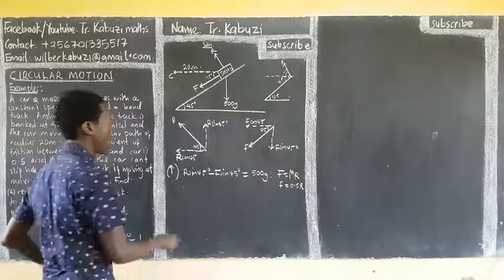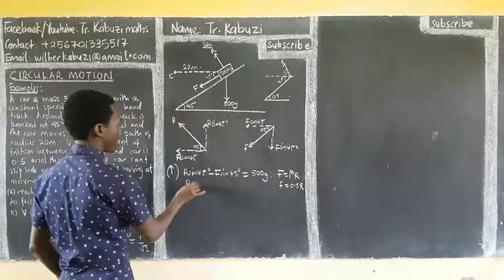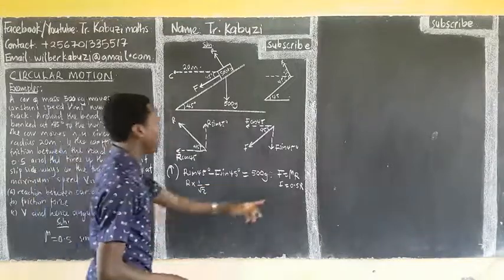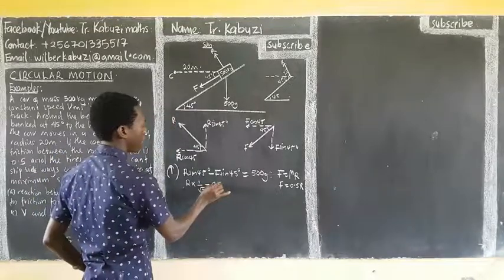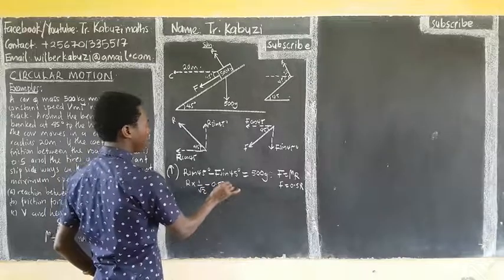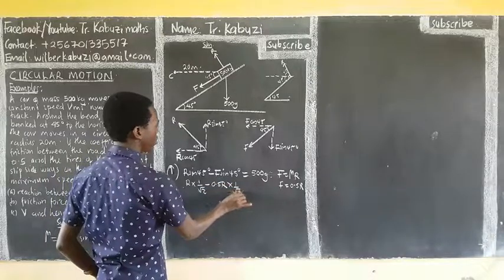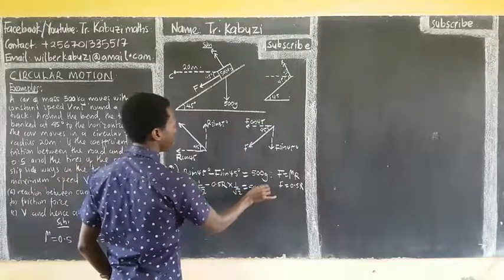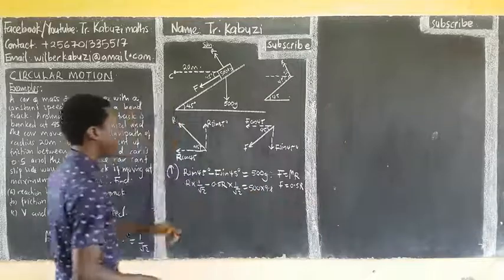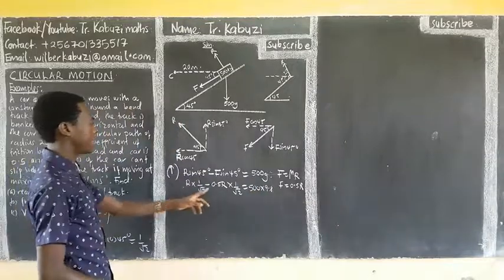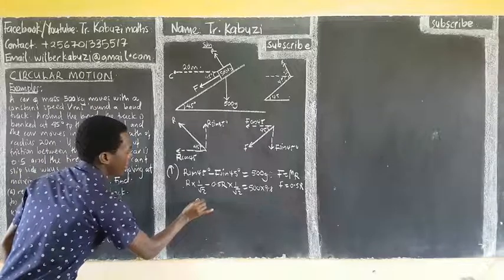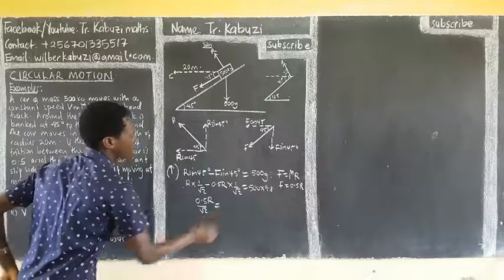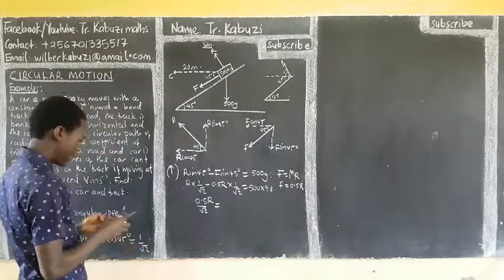So we have R times 1 over root 2, minus F, which is 0.5 R times 1 over root 2, equal to 500 times 9.8. If I simplify, this minus this, I get 0.5 R over root 2 equaling 4,900.